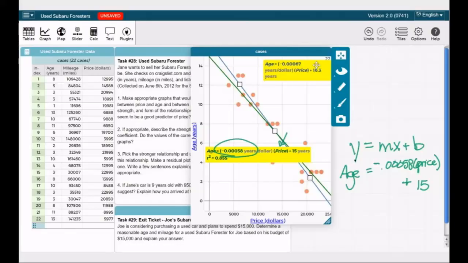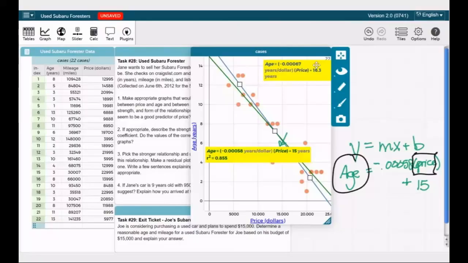Does that make sense? So you would use this, and if Jane knows how old her Subaru is, and I'm sure she does, she could put that age in and come up with a price, right?